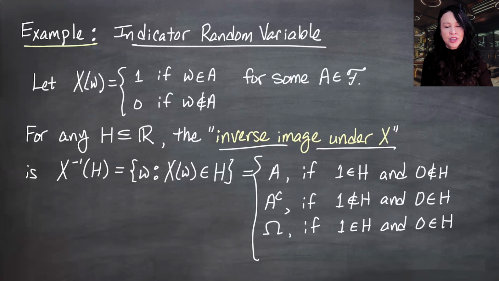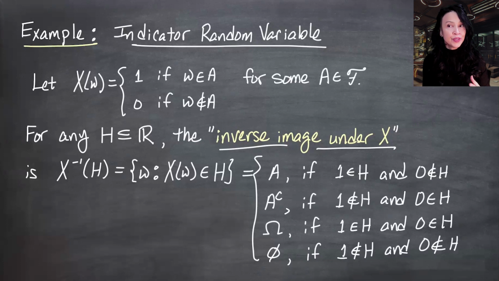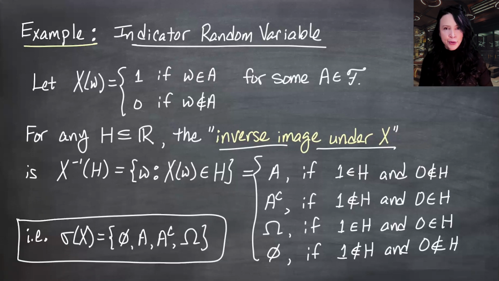And if H does not contain either 0 or 1, then nothing maps to these points in H. And so the inverse image of that set is going to be the empty set. Okay, so we've actually covered all possibilities for what a subset H of R might look like and got 4 possible sets back in omega. This is the sigma field generated by X for this example.